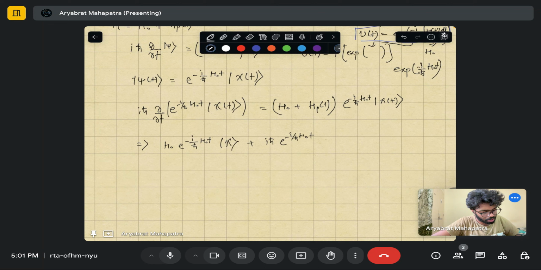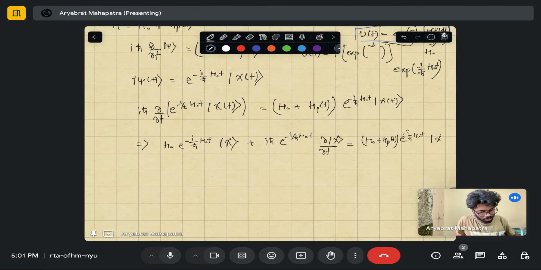So I'm just simply taking the derivative according to the normal product rule, then that is equal to your RHS, which is H naught plus H_P(t) minus i into h bar H naught t chi.